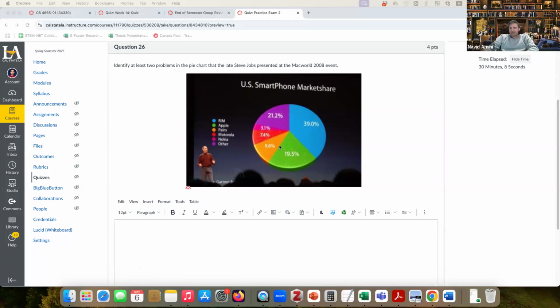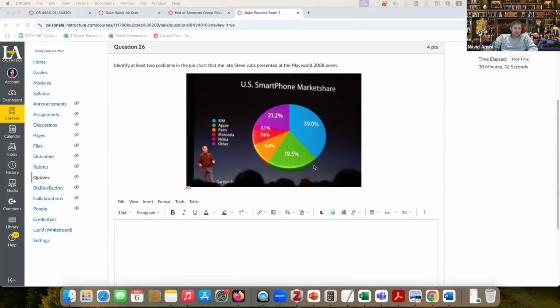19.5%, they say it's Apple's share of the market. This number is right now much bigger, but back then it was 19.5, and the other category was 21.2. So this is larger than this, but this is 1.5 times the size of this slice. Why? Because this is 3D, so this part is closer to us, therefore it looks bigger.